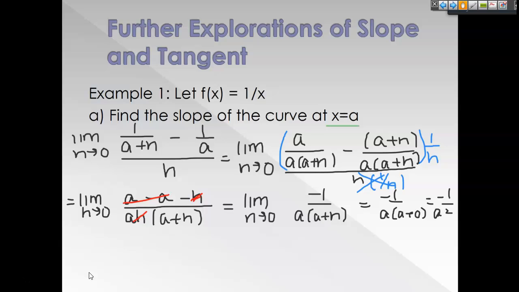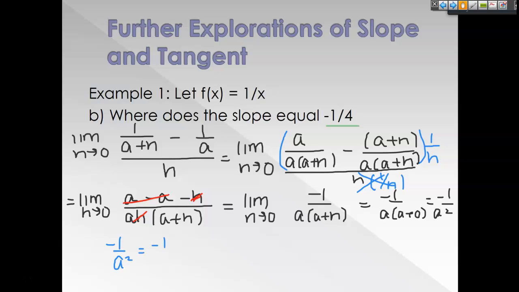So if I want to know where that slope is equal to negative 1/4, I have to set the general equal to negative 1/4. So in this case, that would be when a is 2.